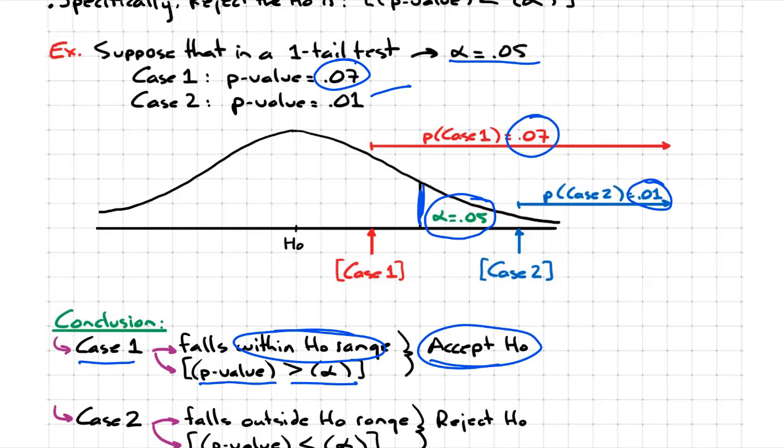But if this was a two-tail test, so let's say we had a 90% acceptance range for the null, then the level of significance would be 0.10, because you're looking at this side as well, and the p-value would be 0.14. So you're just doubling because you have two tails.